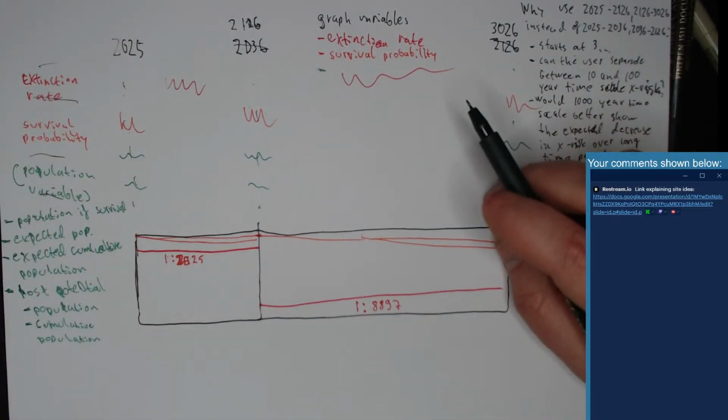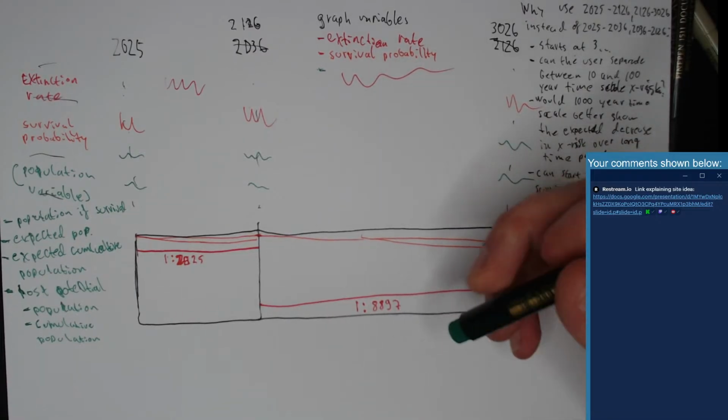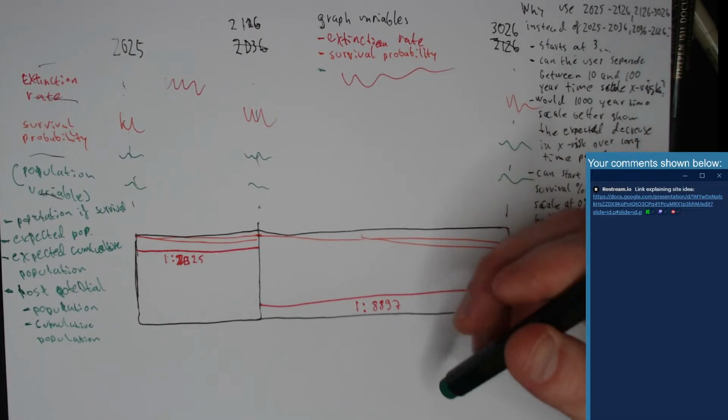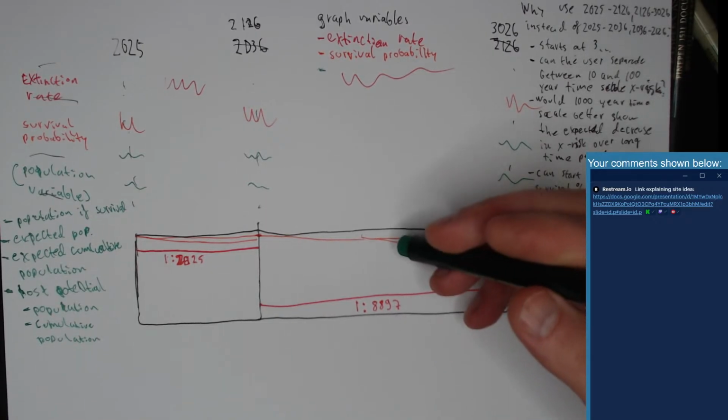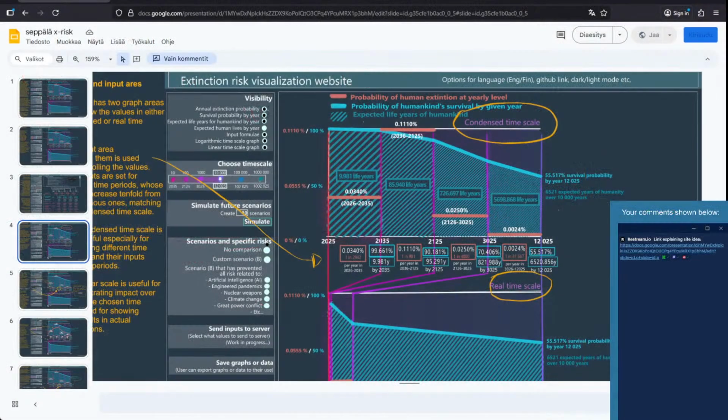So I think here it also depends. I was also thinking, especially if I want to use this graph, it gets tricky when you have different time scales, like a 100-year time scale and a 1,000-year time scale.